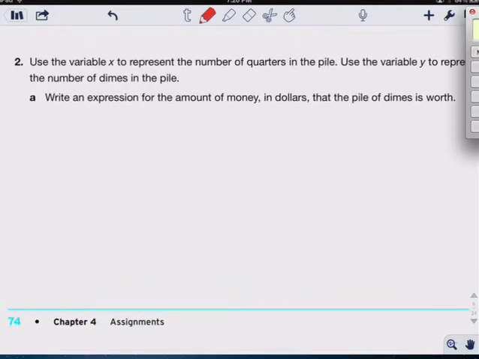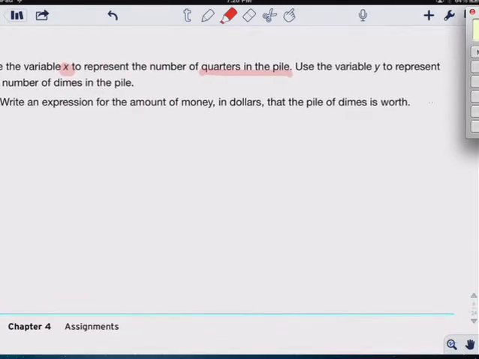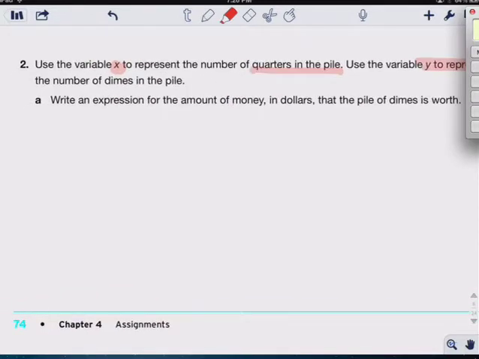We like to use X. Let X represent the number of quarters in the pile. Use the variable Y to represent the number of dimes. Very important. Write an expression for the money in dollars that the pile's dimes are worth.